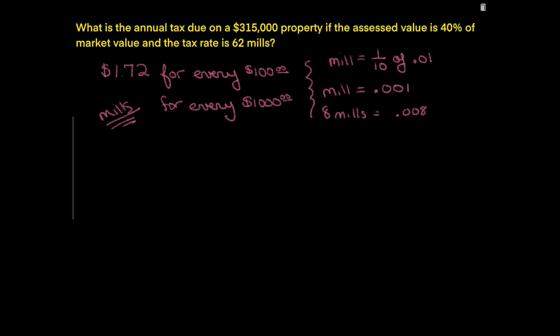But I think the easiest way to think about this is to say, hey, what's our dollar amount for every 1,000 of value? When we're trying to do math, the easiest step to do is to make a t-bar. And in this problem, the first rate we come to is 40%.